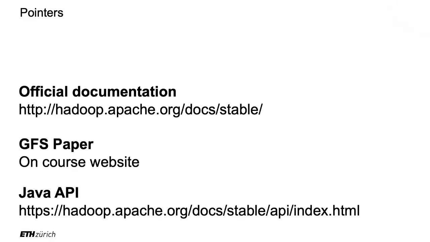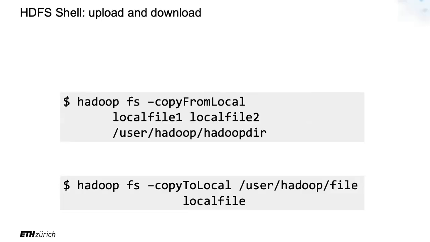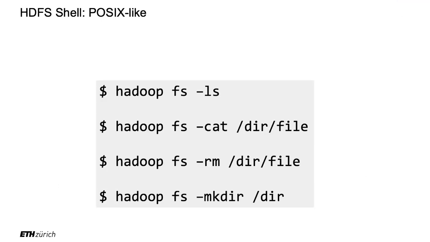The Java API: I don't think we'll even use it, even in the exercises. So this is just for the advanced users who would be interested in using Java. There is an API that you can use to connect to HDFS. But if you're just playing around, this is what I recommend. This is probably the easiest way of just playing with commands and so on.